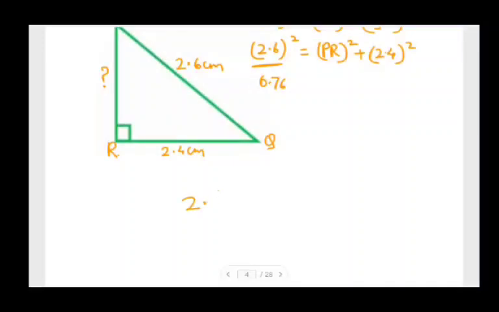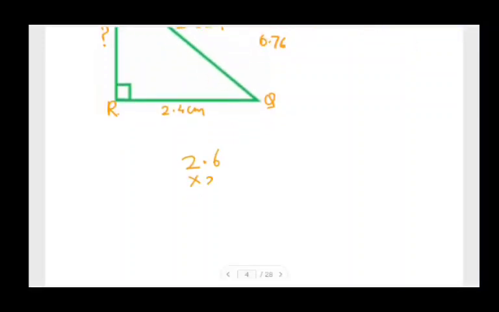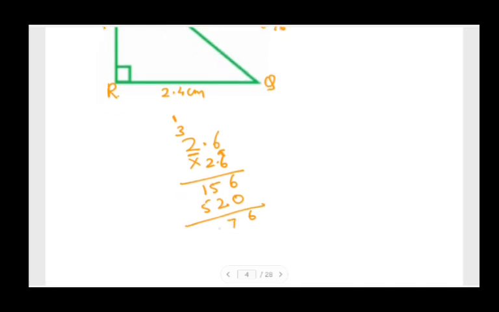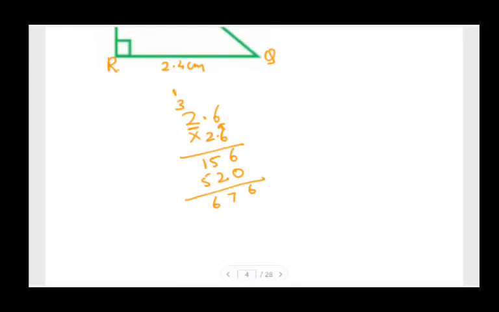So here is 2.6 into 2.6. Okay. 6 into 6, 36. 6 into 2, 12, 13, 14, 15. 2 6s are 12. 2 2s are 4 plus 1, 5. Good to go. Right now, while multiplying, just ignore the decimal. 6, 5 plus 2, 7, 5 plus 1, 6. Correct? 676. Alright. This is my decimal.